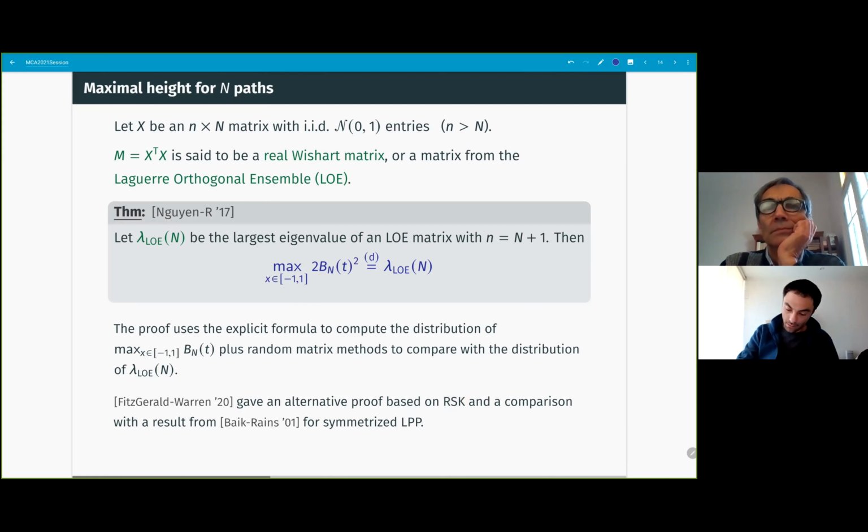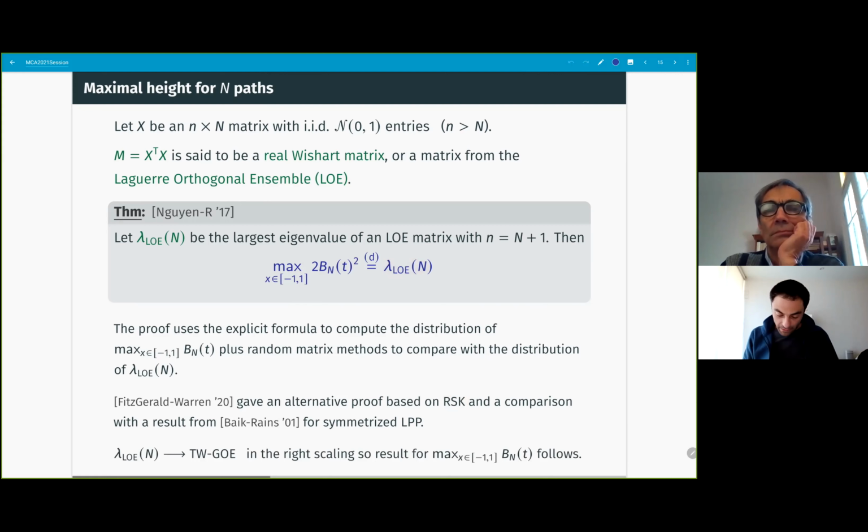So we have this connection with the largest eigenvalue of a finite random matrix. The distribution of this quantity actually converges to the Tracy-Widom distribution as n goes to infinity, so one recovers the previous result, the one that I was showing you at the beginning.